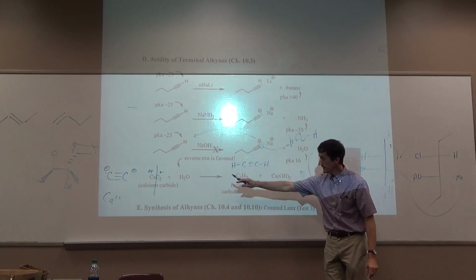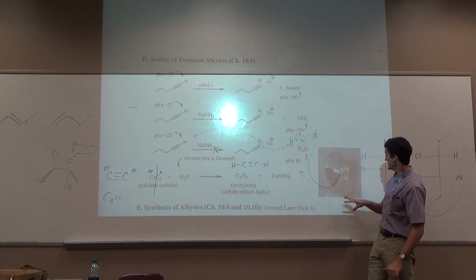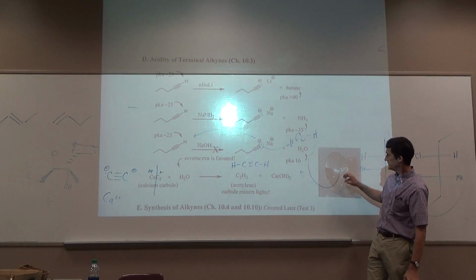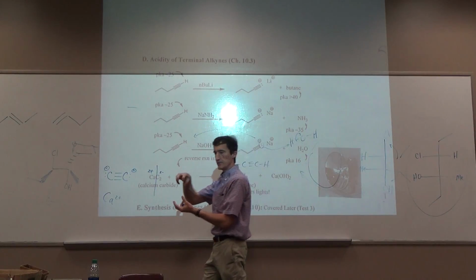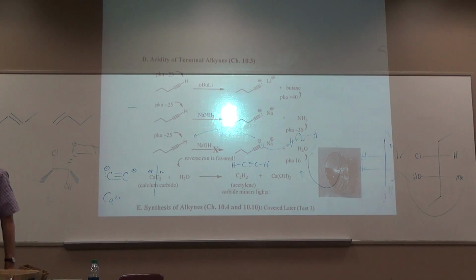But this used to be a reaction that was done in miners' helmets. Now, this is maybe a handheld, but you have calcium carbide in there, you drip water on it, and then light it, and it produces a flame. I always wonder, how do you control it? How does it generate enough that it's a controlled flame and it doesn't just explode on your head?